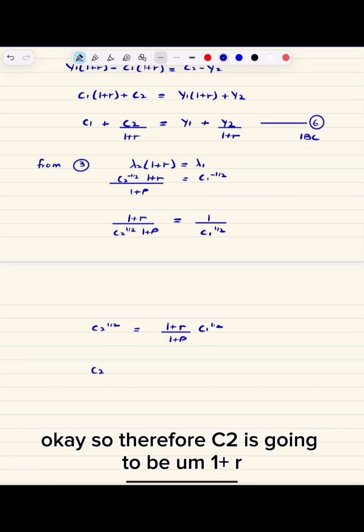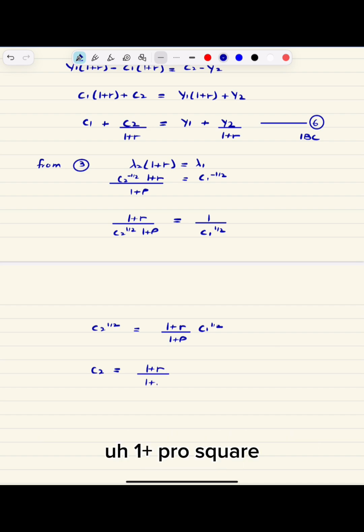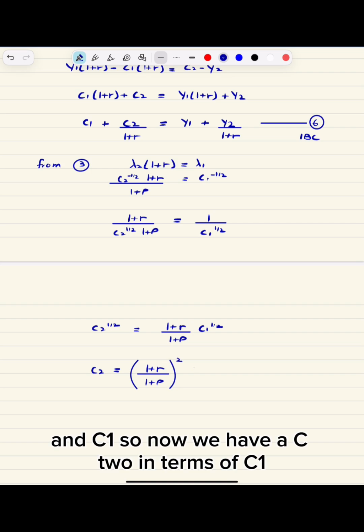So therefore c2 is going to be ((1 + r) over (1 + rho)) squared times c1. So now we have c2 in terms of c1.